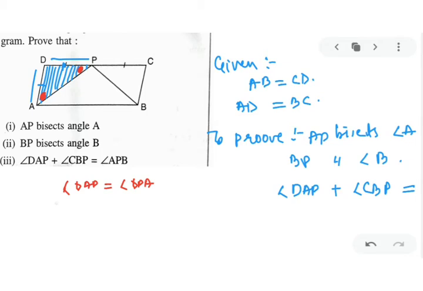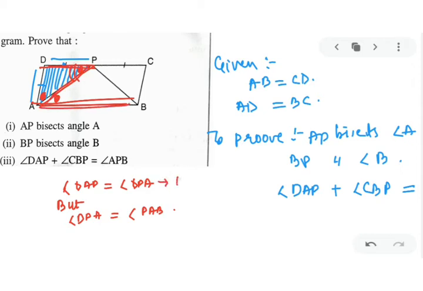But angle DPA is equal to angle PAB because the lines are parallel. So these are Z forming. So I can say that angle DPA is equal to PAB.